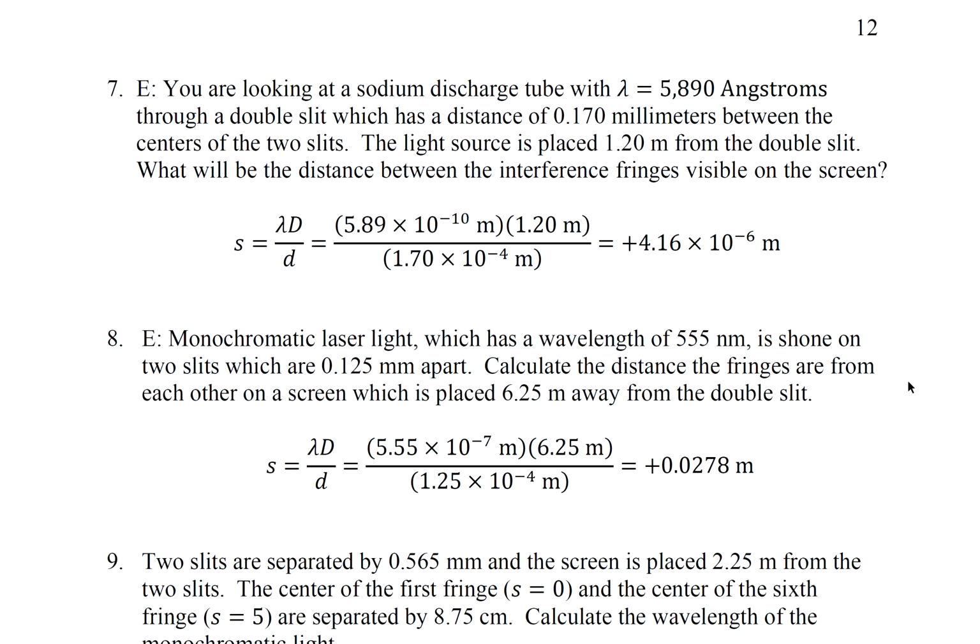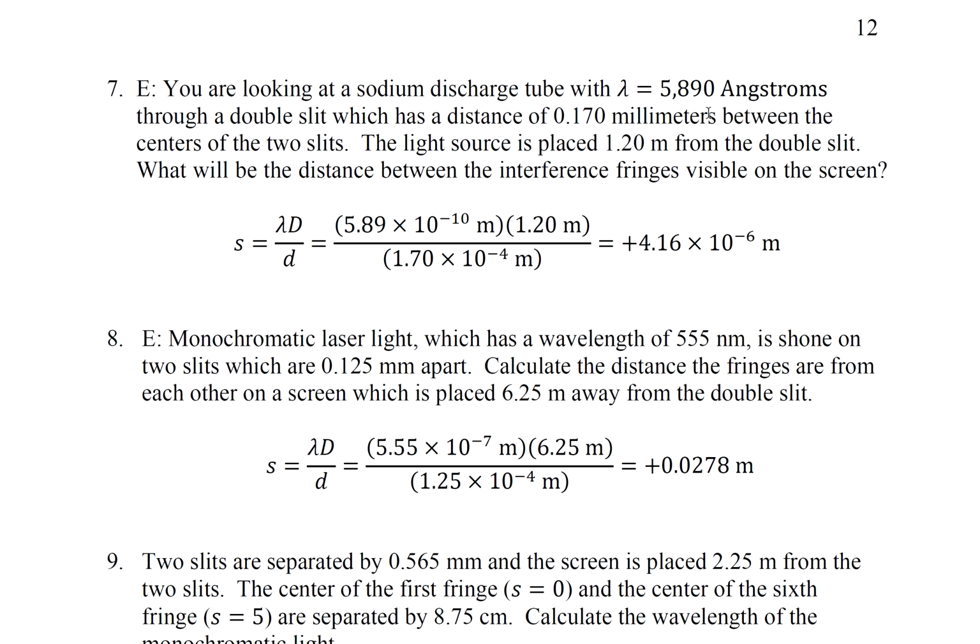Question 7. You are looking at a sodium discharge tube with lambda equals 5890 angstroms through a double slit, which has a distance of 0.170 millimeters between the centers of the two slits. The light source is placed 1.2 meters from the double slit. What will be the distance between the interference fringes visible on the screen?